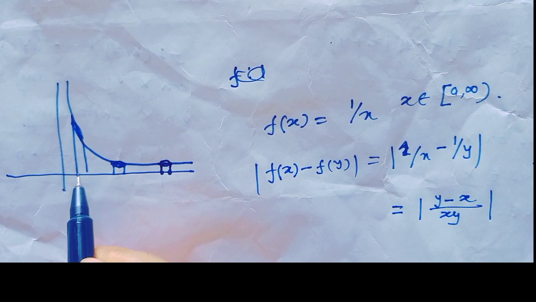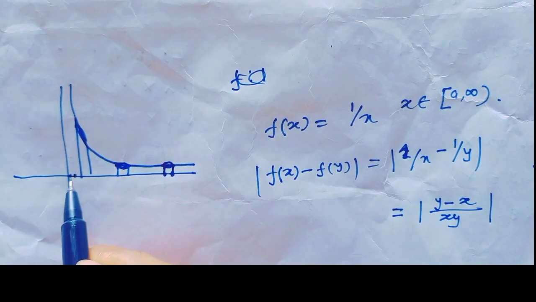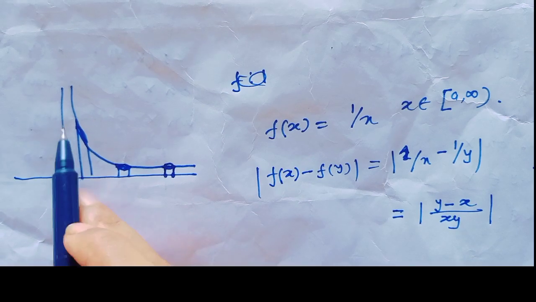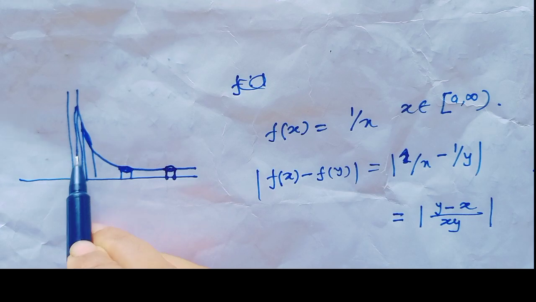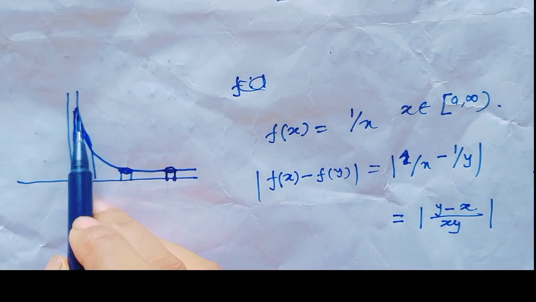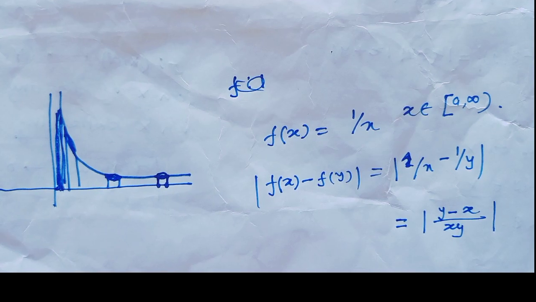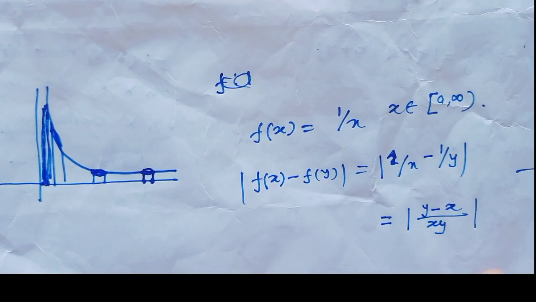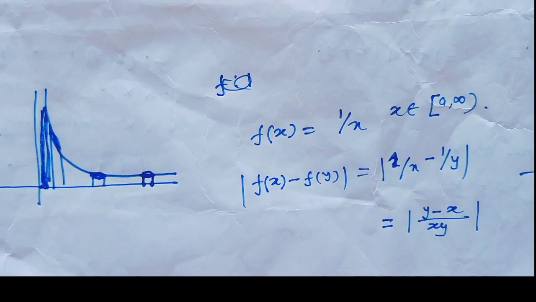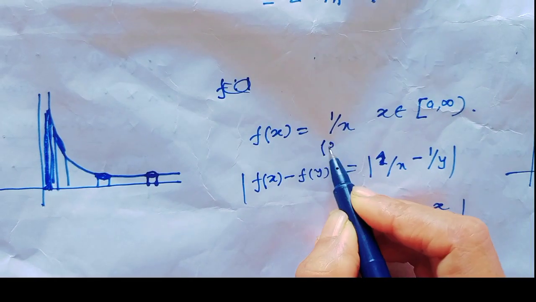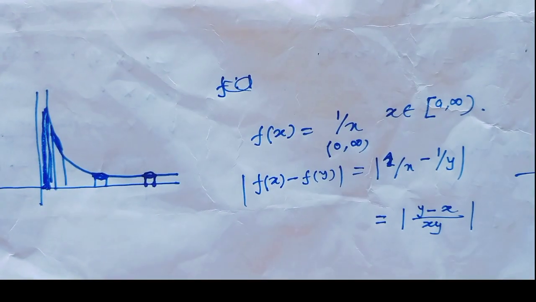But when the point is close to 0, then if we consider the same distance, their distance from the graph would be different. So the function is uniformly continuous on the closed interval [a, infinity), but the function is not uniformly continuous on (0, infinity). Let's see the proof.